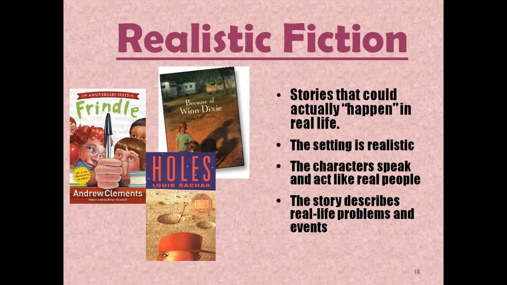It could have happened, it can happen, and it would happen in real life. So that's why it presents a sort of realistic touch in characters and the way they talk and the way they behave. So from everyday life, these stories, real life problems.